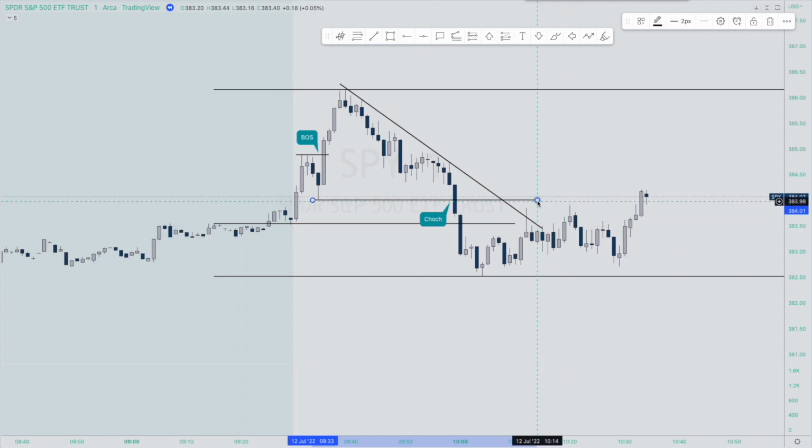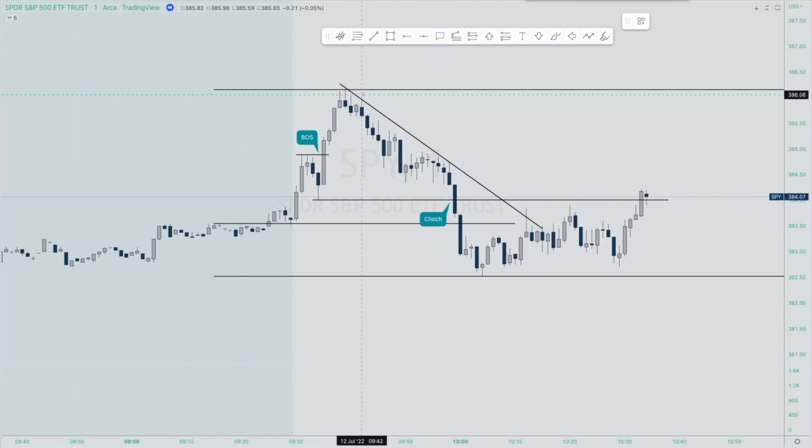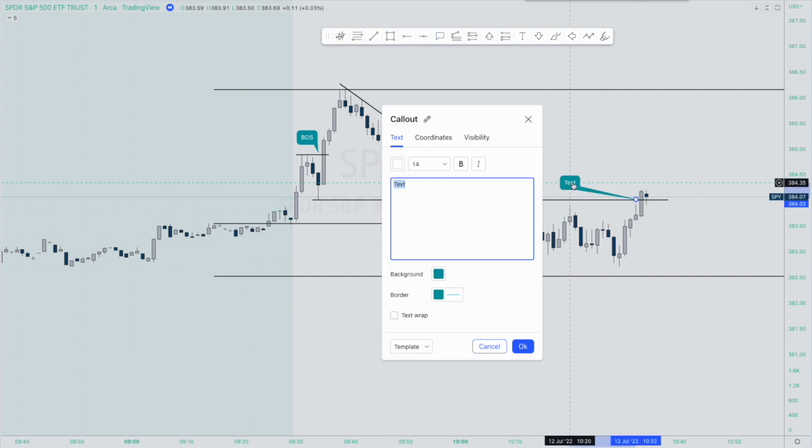All right, so you see we had a change of character. Now we have a low. Now we have a break of structure right here. So we had a change of character to the downside. And then we stayed in a range and then had a change of character back up to the upside.